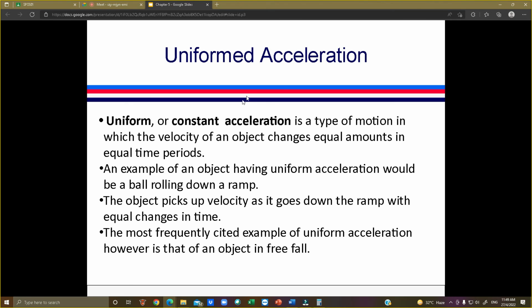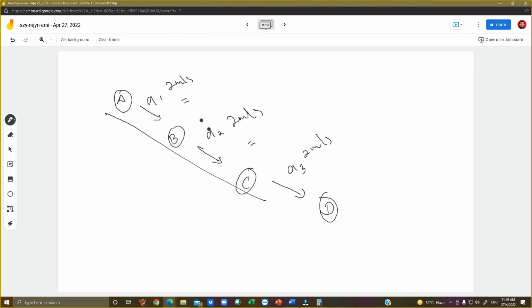Uniform or constant acceleration is a type of motion in which the velocity of an object changes an equal amount in equal time periods. Every 2 seconds it increases by 1 meter per second. So the speed increases equally. It is not like this: A1 is 2, A2 is 8, A3 is 5. There is fluctuation. This is not uniform.